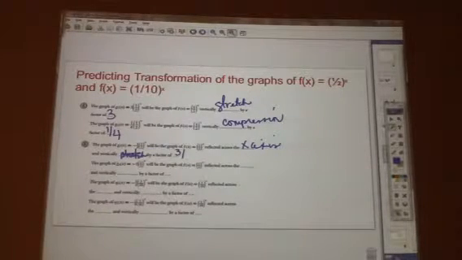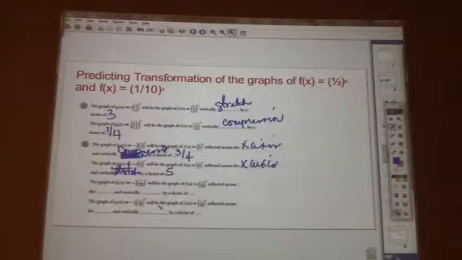This is compression by a factor of 3/4. The graph of g of x equals negative 5 times 1/2 to the x will be the graph of f of x equals 1/2 to the x reflected across the x-axis, a vertical stretch by a factor of 5.